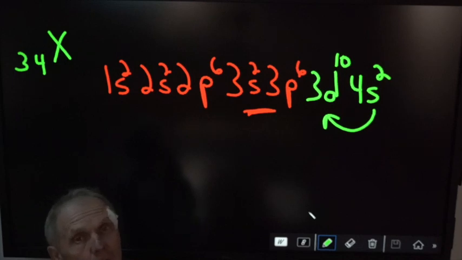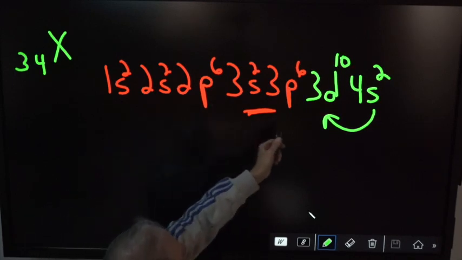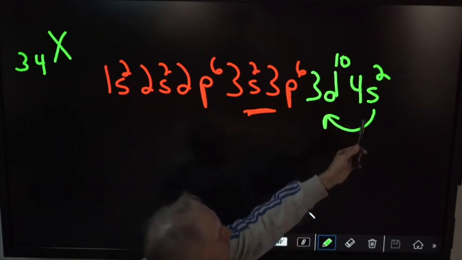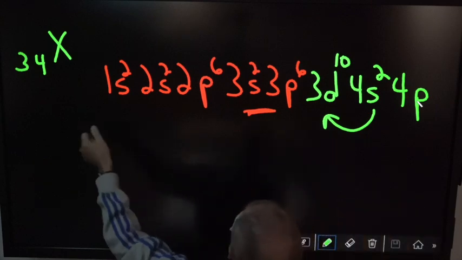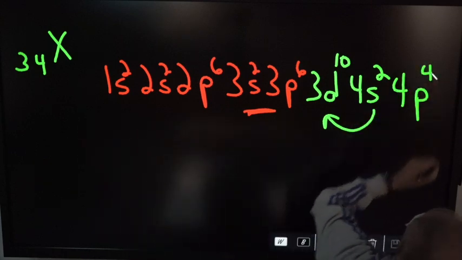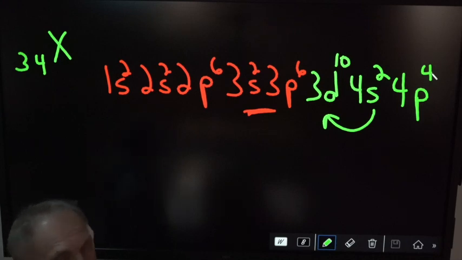Where do you think they go? Well, the third shell is totally filled, so they must go in the fourth shell. So 4p, and I have 4 electrons left, 4p4. So now let's do the dash.